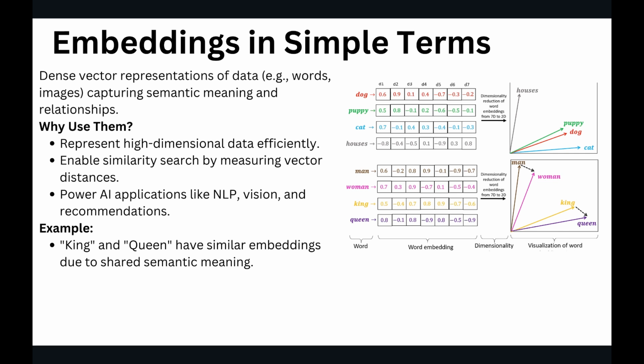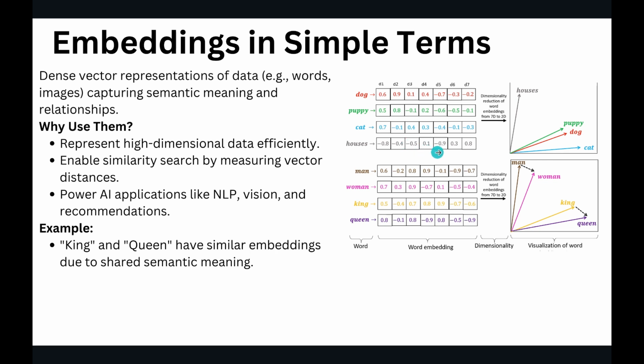But in the case of NLP, we generally refer to embeddings as text embeddings. It is a way to represent text in a numerical format using vectors. Here you can see the word dog is represented by a certain set of numbers, and puppy is represented by a certain set of numbers. Cat and house, these different words are represented as certain sets of numbers.